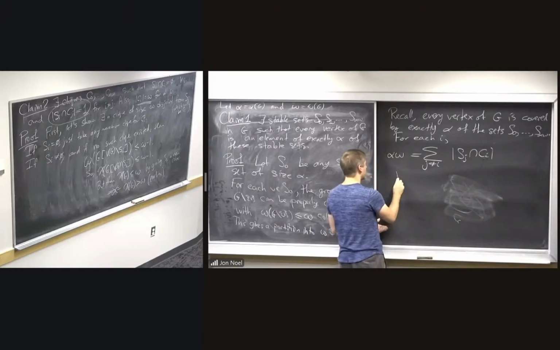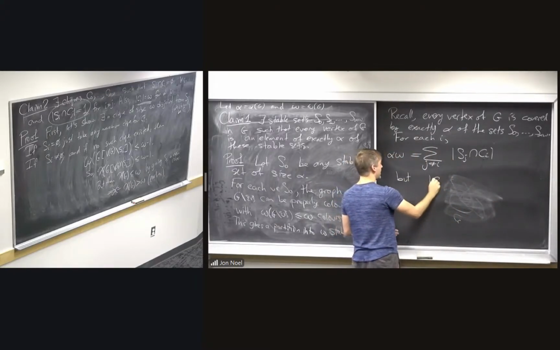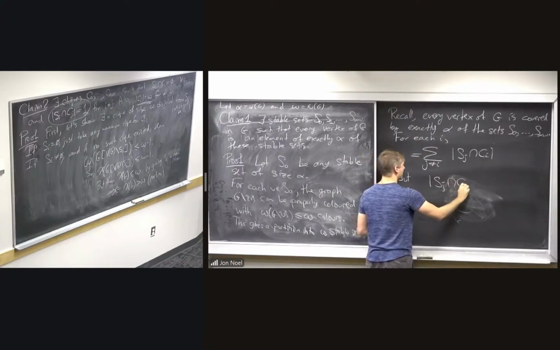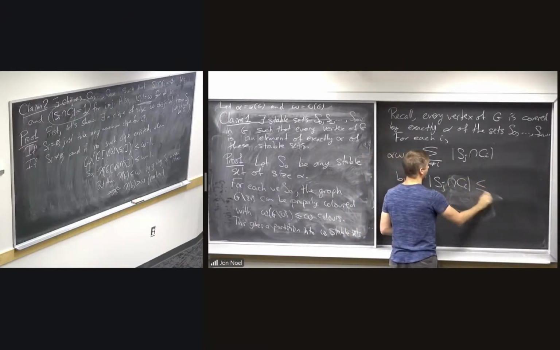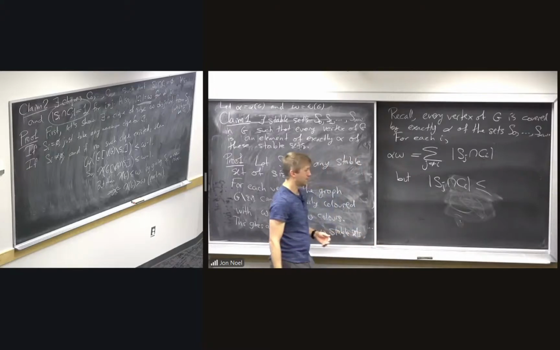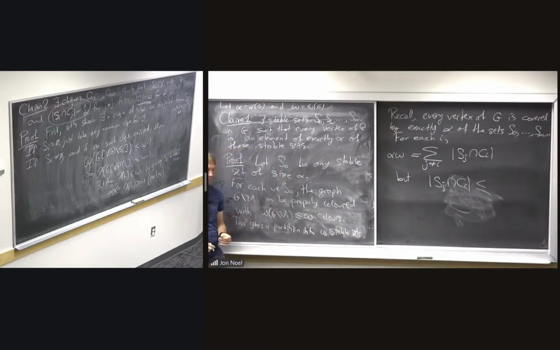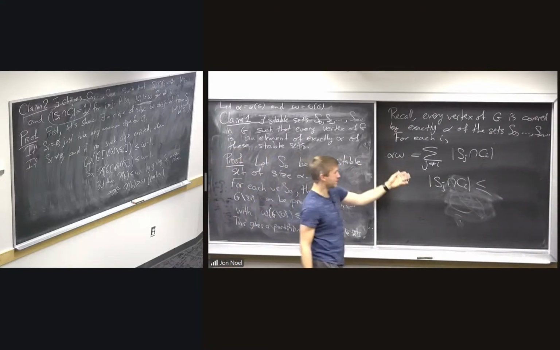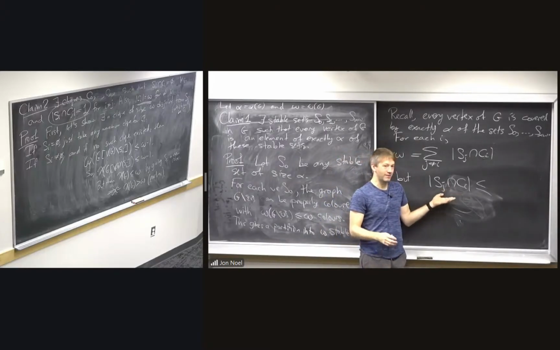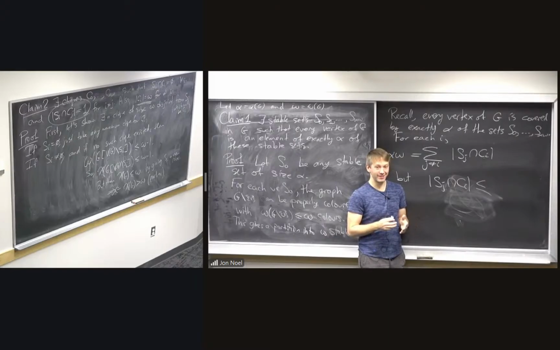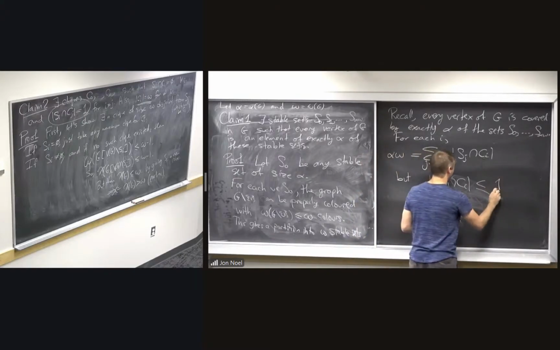But what can I say about Sj intersect Ci as an upper bound? No matter what, if I've got a clique and a stable set, how many things could they possibly share? One. They couldn't share more than that, right?